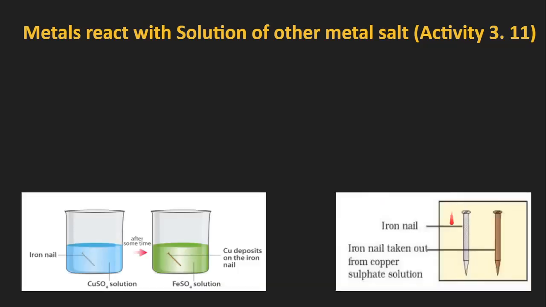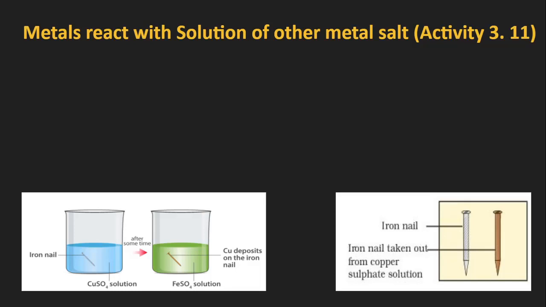Here is the iron nail that we have put in the copper sulfate solution. After some time, the iron nail is taken out from the copper sulfate solution, and the color of the iron nail has changed. We see the nail is coated with pinkish brown deposits, which is nothing but copper. Don't assume it is rust.